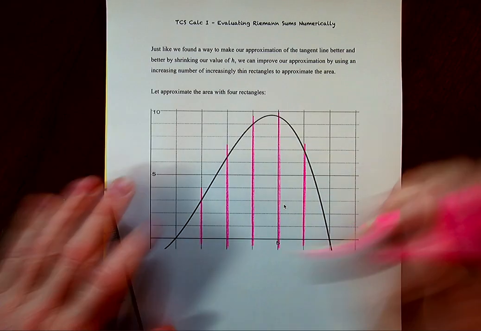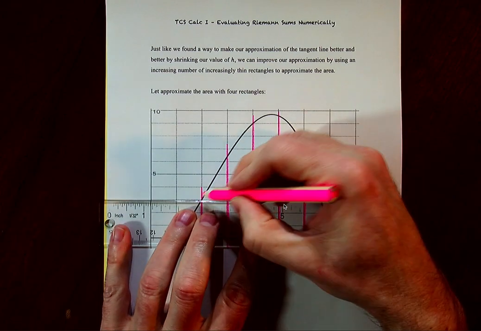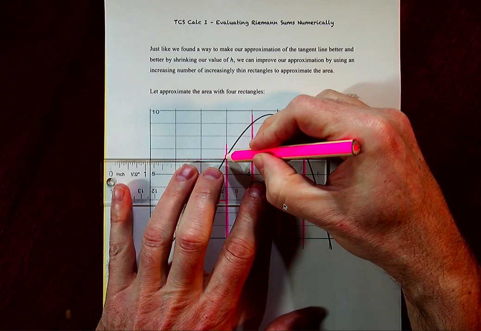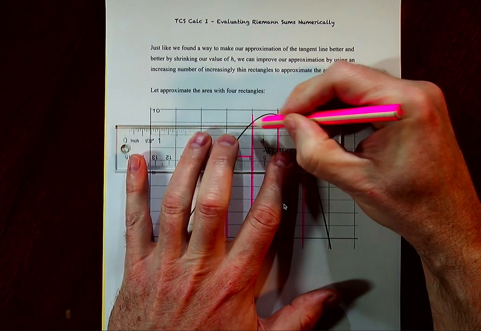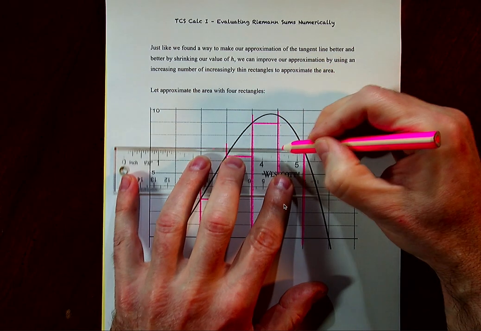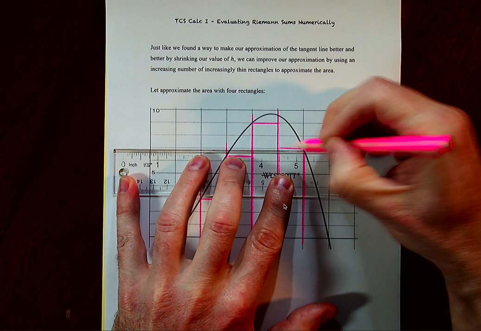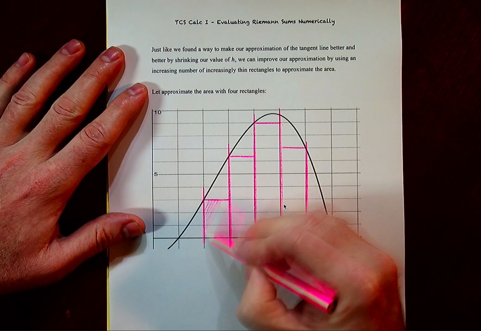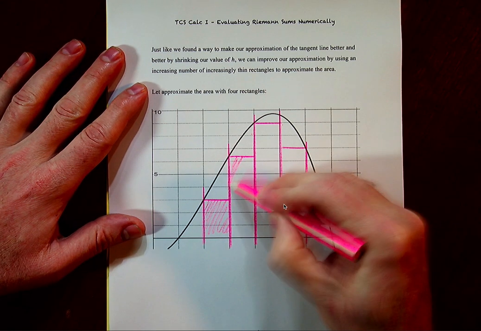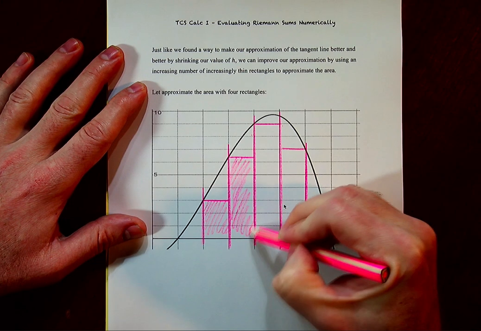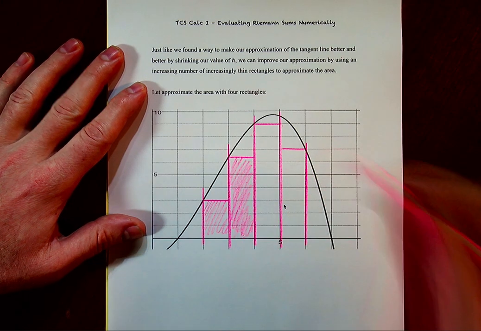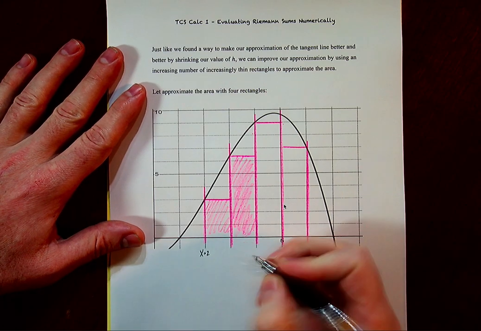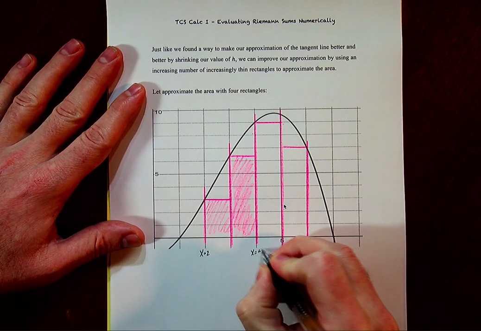All right, and again, we're going to determine the height of each of these subintervals based upon the function value on the left-hand side. That's an arbitrary choice, but I want to be able to compare one to the next, so I'm not going to change it. So we have this, and have this. Now, if you look at the previous one, we have x equal to 2 to x equal to 4.